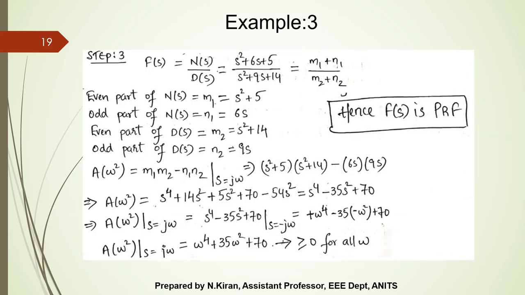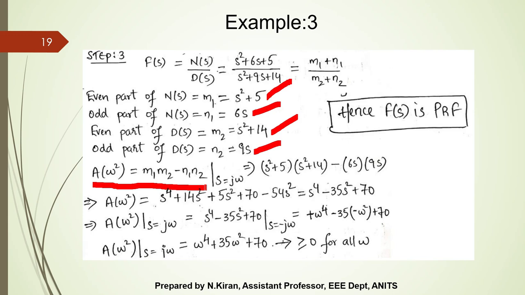So the even part of the numerator polynomial is nothing but s square plus 5. The odd part in the numerator polynomial is 6s. The even part in the denominator polynomial is s square plus 14, and the odd part in the denominator polynomial is 9s. Substituting all these in the formula A of omega square, which is m1 m2 minus n1 n2, then substituting s is equal to j omega.